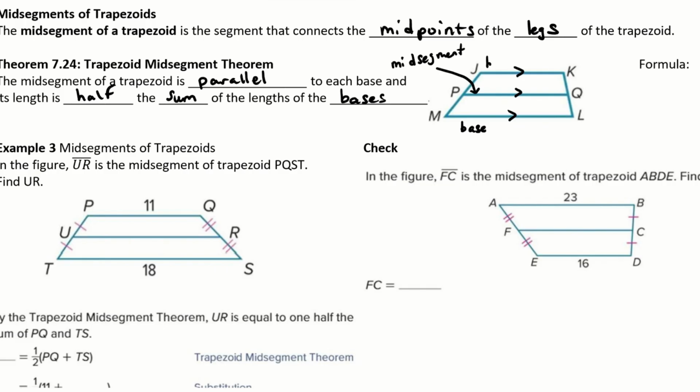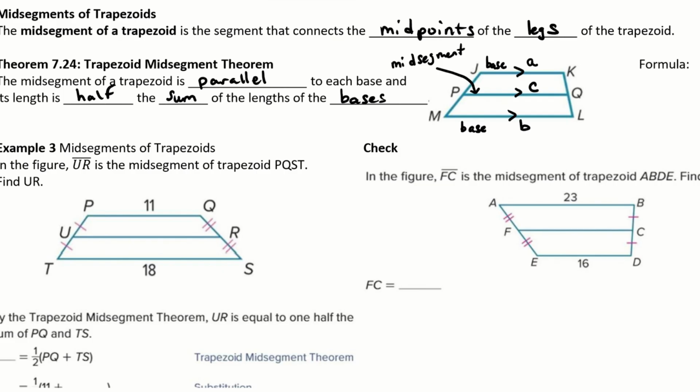So this is parallel. In order to find the length of PQ, let's call it C, and let's call the length of JK A and the length of ML B. Well, in order to get C, I would take the arithmetic average of A and B. Just add these together and divide by 2.